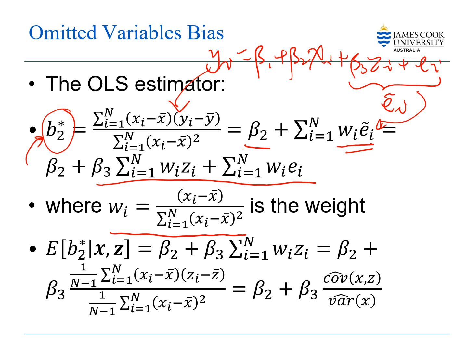Taking the expectation of beta 2 star conditional on all the data, the terms ei times x and z are 0 by assumption. That's our strict exogeneity assumption. So they disappear, and we have this one.